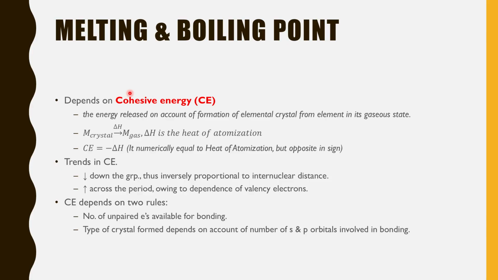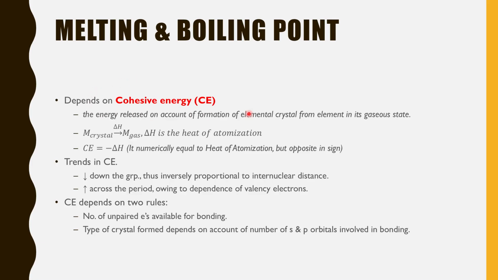So basing it completely on one particular factor that is more influential in the case of metal elements, that is metallic bonding, won't be a conclusive factor which can influence the melting and boiling point of the rest of the elements of the periodic table. So taking into consideration all those facts, it is better to use a term called cohesive energy.